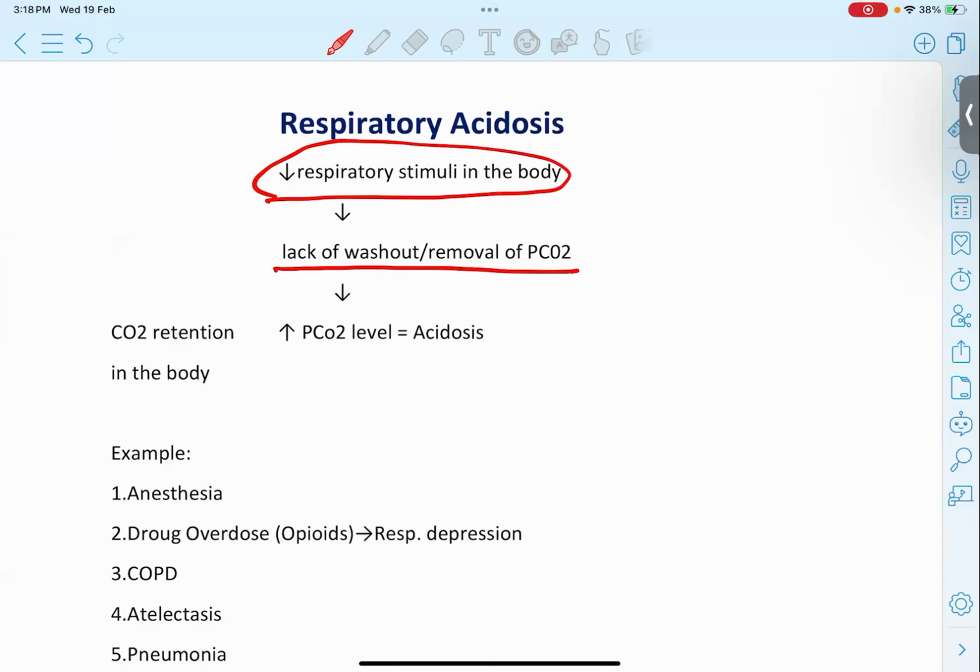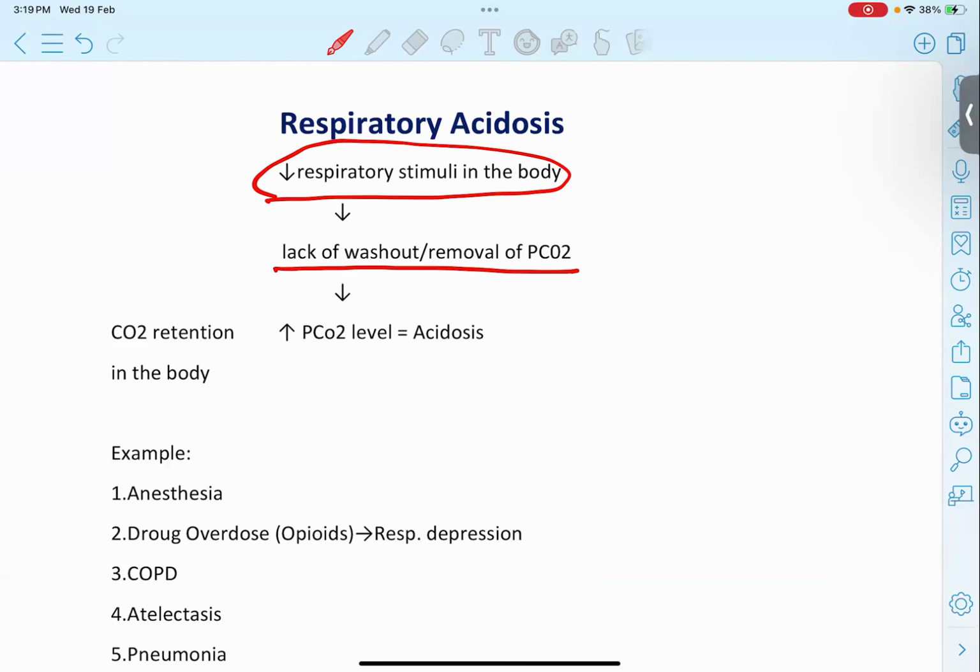We know in type 2 respiratory failure, COPD patients do not have respiratory effort. So they have hypoxia, as well as carbon dioxide retention, because they are not expiring. In inspiration we take oxygen, in expiration we move carbon dioxide out of the body.